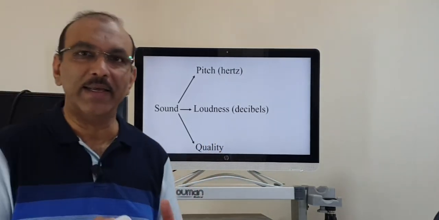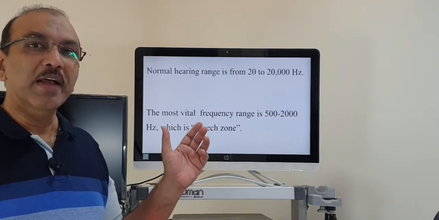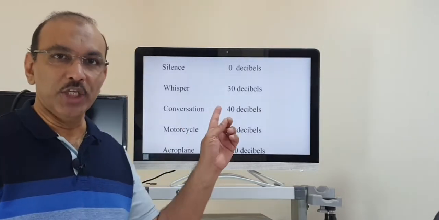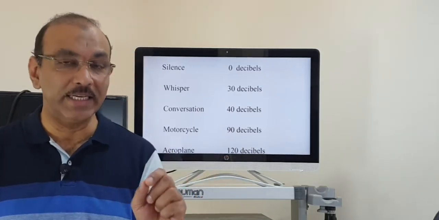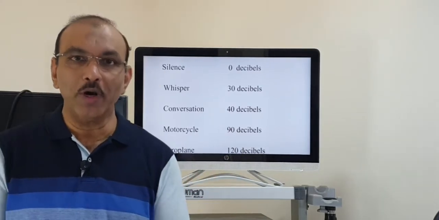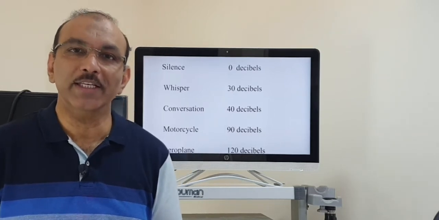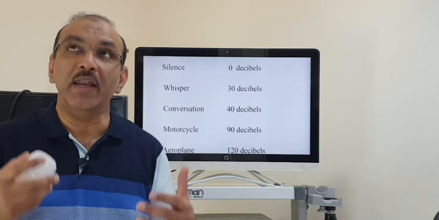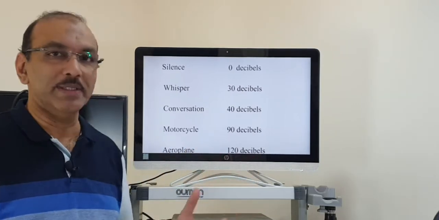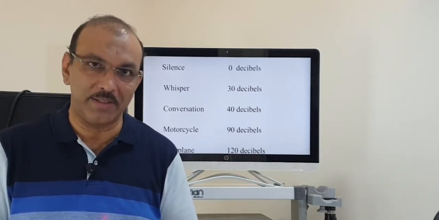So how do you categorize that? Complete silence is 0 decibels. If I whisper, it is 30 decibels. Normal conversation is 40 decibels. Motorbike sound is 90 decibels. And aeroplane sound is 120 decibels. So that we have subcategorized, right?